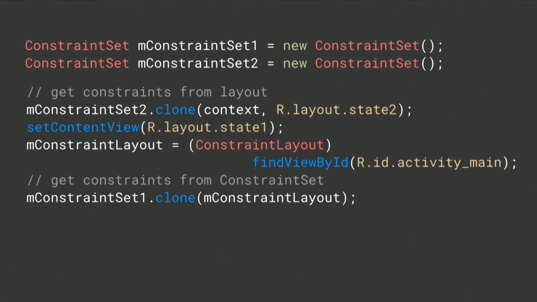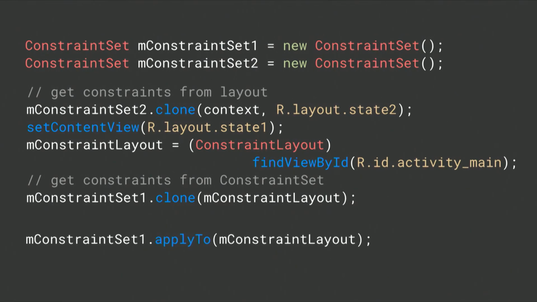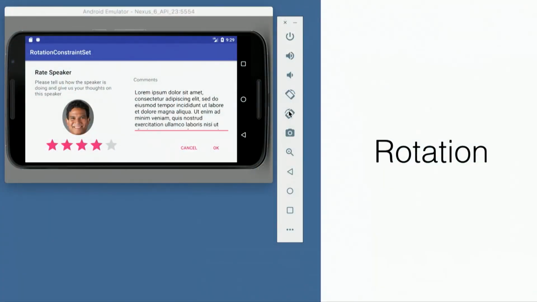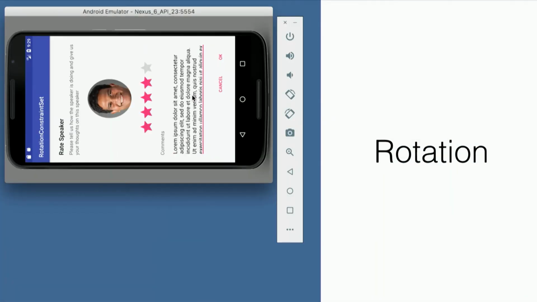How do you do that? It's pretty easy. In code, you create your constraints. You can get your constraint set from an existing file or from an existing view hierarchy at runtime. And then you just call apply to on the constraint layout container that you want them to apply on. And that's it. So you could do stuff like, well, I want to deal with landscape, but without having to recreate my view hierarchy, so create two constraint sets.